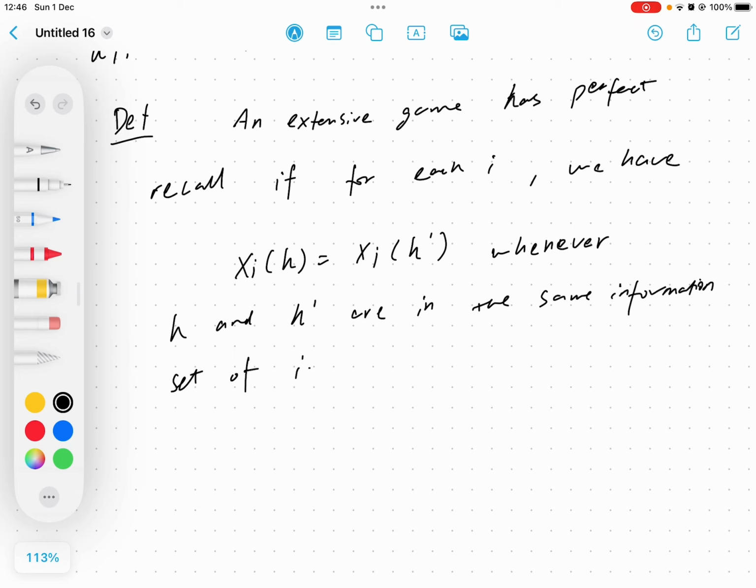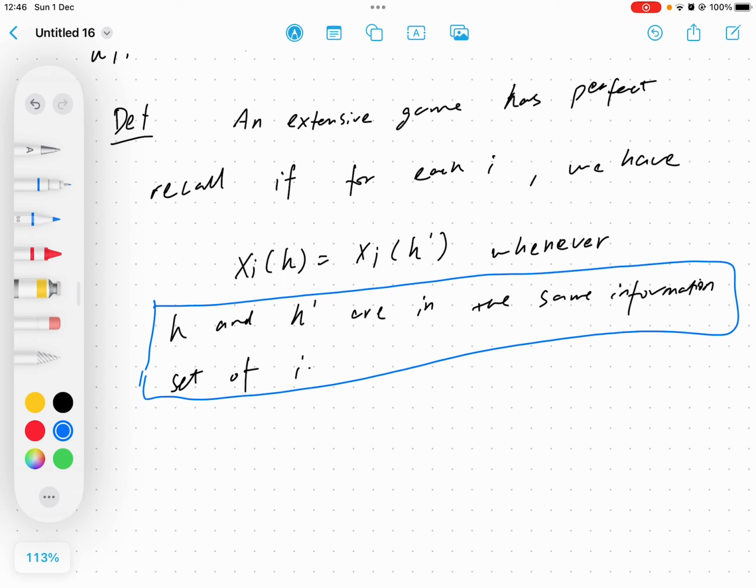This is actually the most important part. Later we'll give some examples of this definition. Intuitively, what does this mean? It gives us a standard to distinguish whether this game has perfect recall or not.